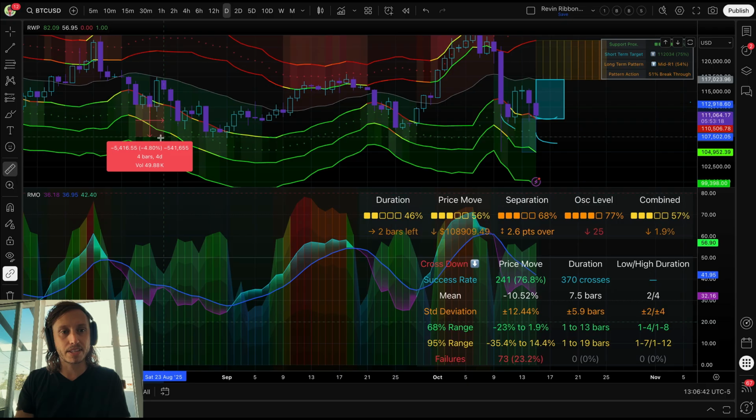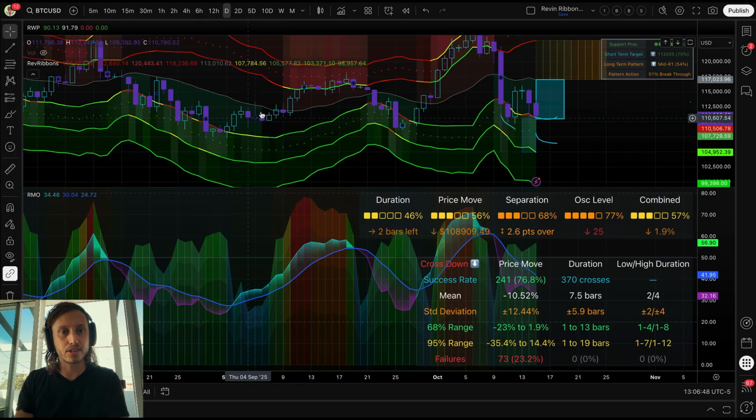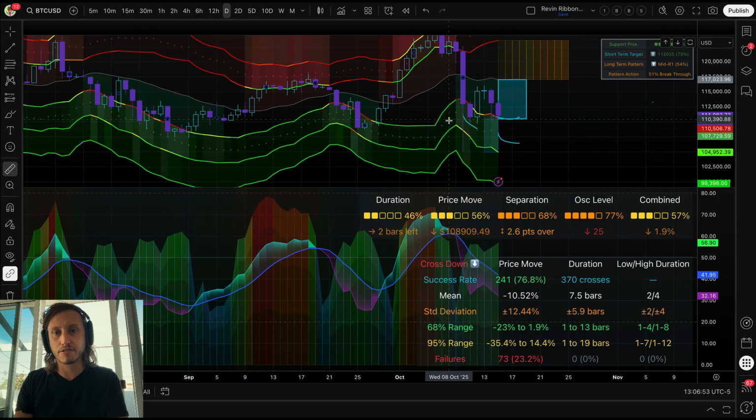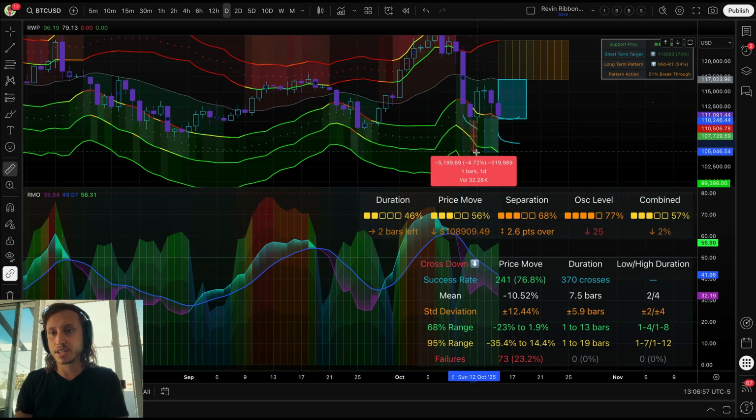It continued on a wick basis about 4.8% lower over the next 10 bars, and finally did see a major support area found. So if we were to go down another about 4% from where it tested here, this dotted midline, 4.8% would be just around that 104K area.